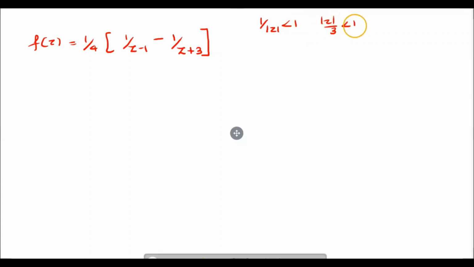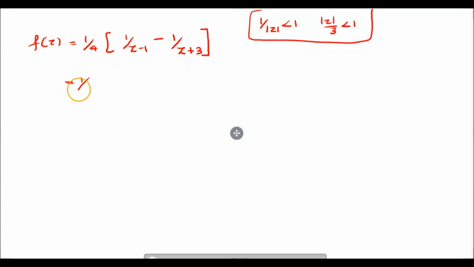So f of z is now 1 by 4 into 1 by z minus 1 minus 1 by z minus 3, z plus 3. The region is 1 by mod z less than 1 and mod z by 3 less than 1. Okay.